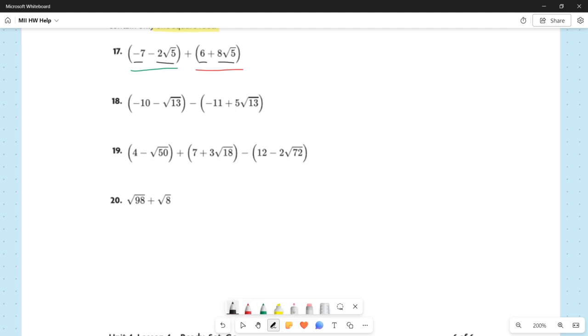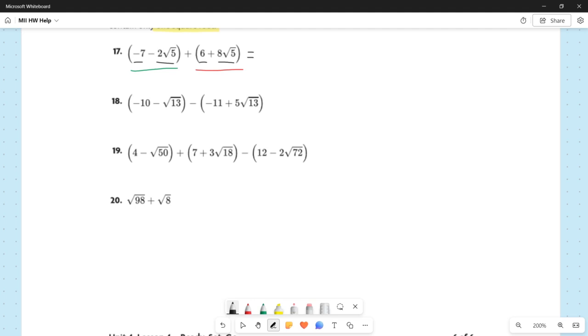When you're working with this kind of problem, I think the easiest way to start is to remove the parentheses. No longer see it as two numbers, but just get rid of the parentheses and treat it as a whole bunch of terms that we're going to combine. Removing the first set of parentheses is relatively easy because they literally just go away.